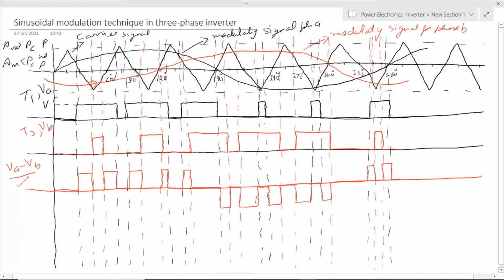Ultimately you can then calculate your VB minus VC and VC minus VB. You will see that all the three line voltages are lagging each other by 120 degrees. They behave in the same manner as their modulating signals themselves.